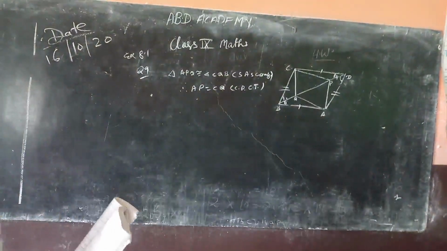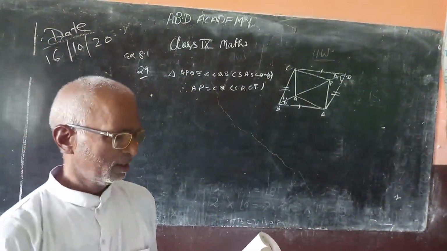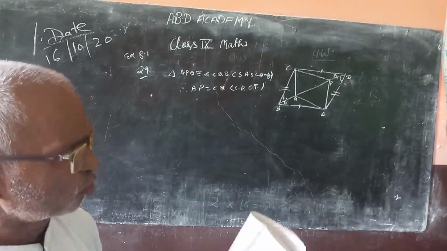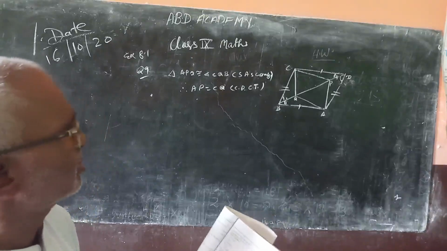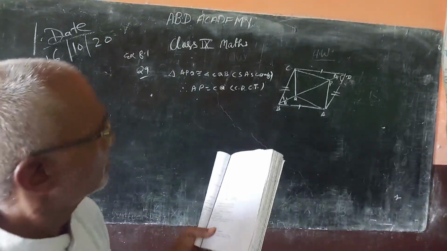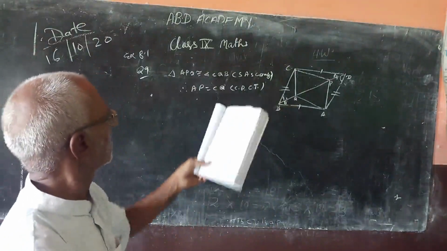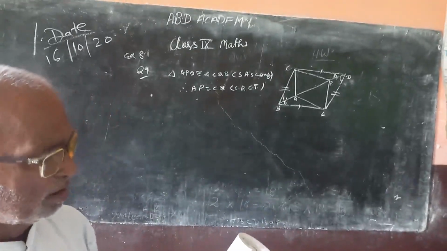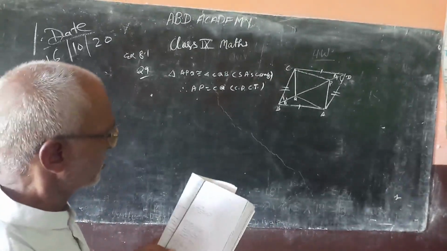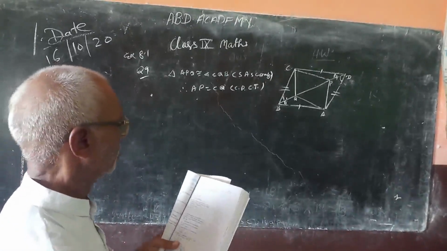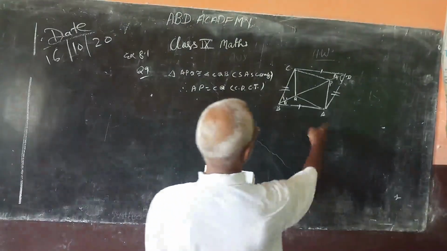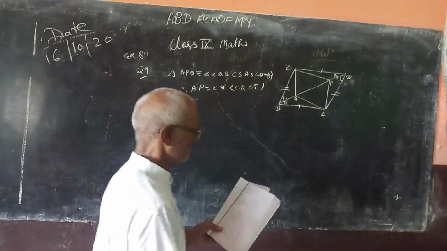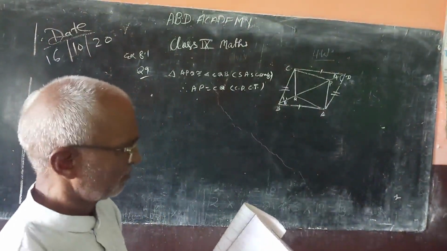So the two triangles AQB and CPD will also be congruent by SAS congruence, as APD and CBQ are proved. Therefore its part AQ is equal to CP. Therefore AQ will be equal to CP. So we have proved 4 parts.